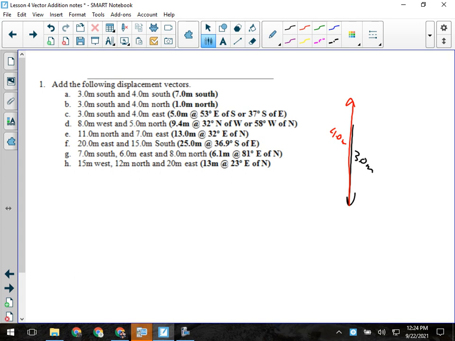All right, what about C? What kind of vectors are those? So I go 3 meters south, and then 4 meters east. Those 2 lines are what?